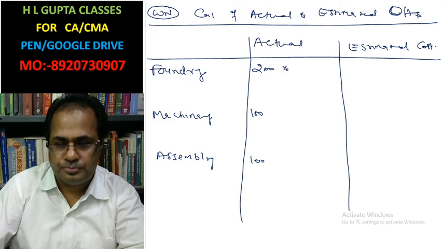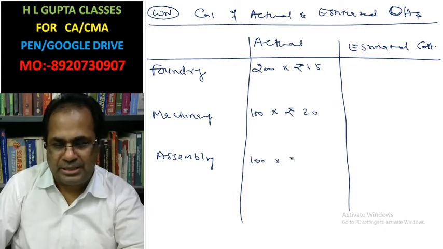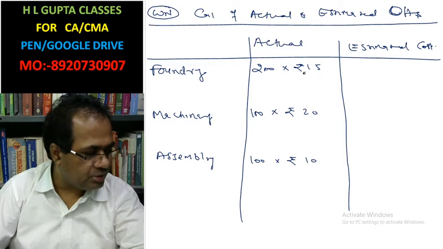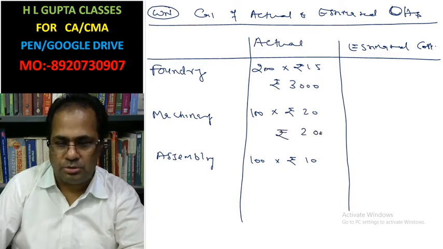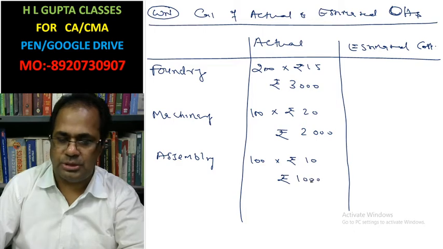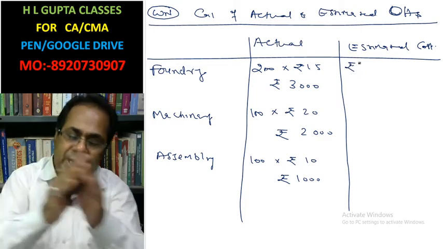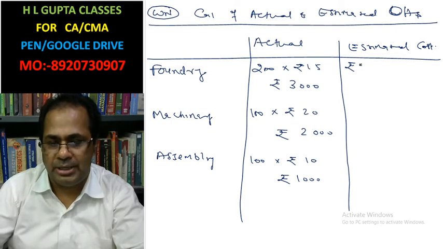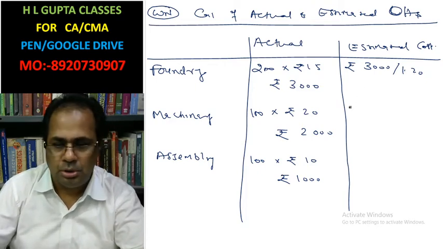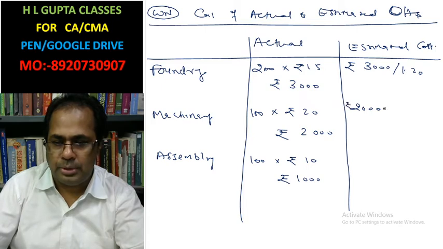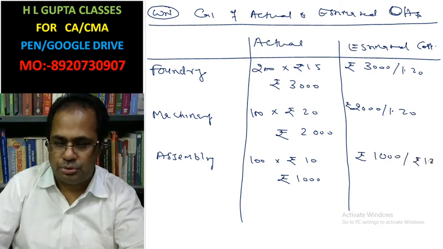So this is 3,000, this is 2,000, this is 1,000. This is the actual, which is 20% higher than the estimated, so the estimated will be less: 3,000 divided by 1.20, 2,000 divided by 1.20, rupees 1,000 divided by 1.20.